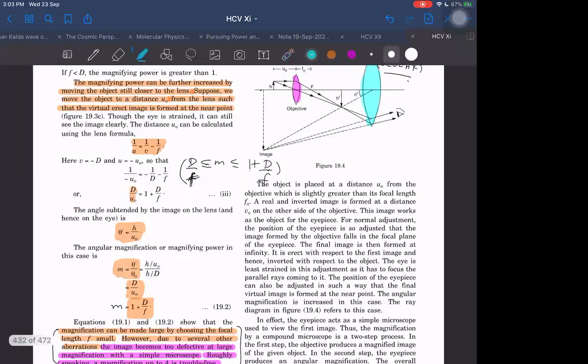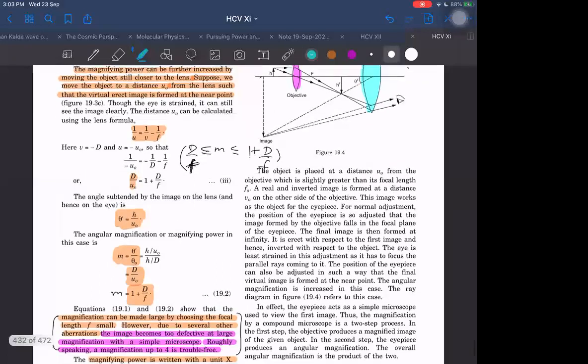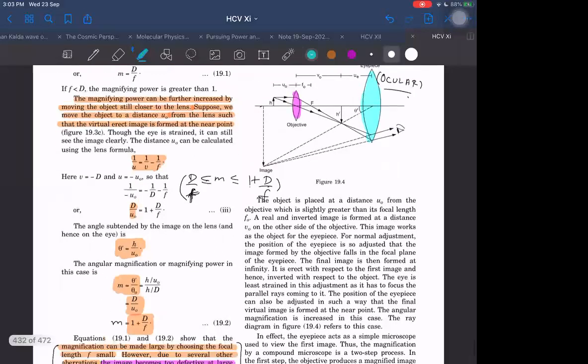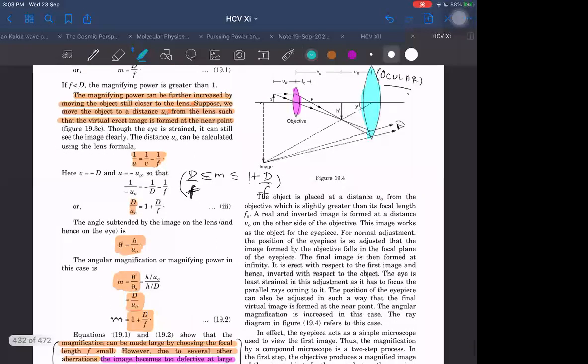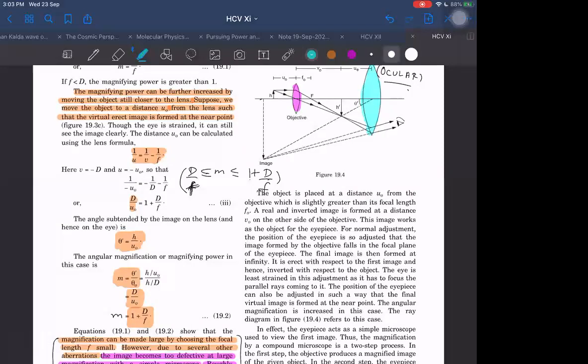Final virtual image. Okay. Now, wait a second. The object is placed at a distance u naught from the objective which is slightly greater than its focal length f naught.